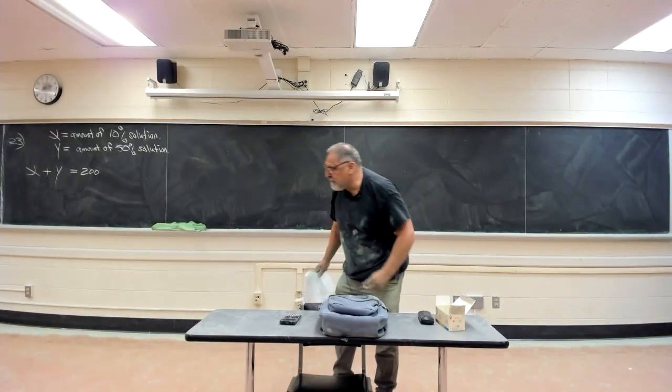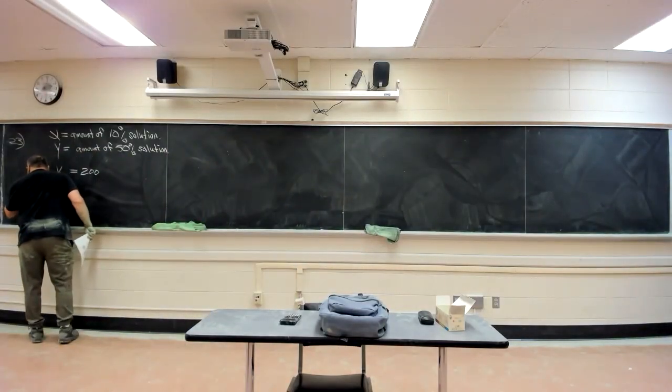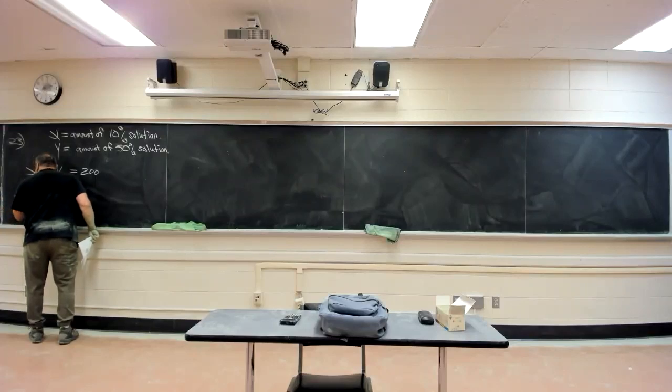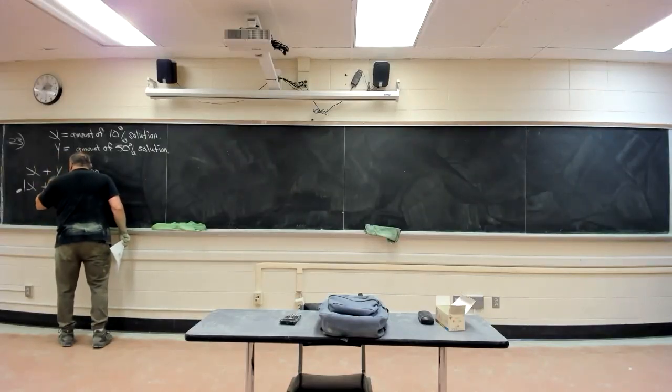What does that mean? 10% is 0.1. 0.1 times X amount of solution gives you the amount of pure alcohol, if 10% of it is pure alcohol. X right here is alcohol and water. 10% of it is pure alcohol, so 0.1 times X is how much pure alcohol you have. This one is alcohol and water or whatever else the solvent is for either one of these.